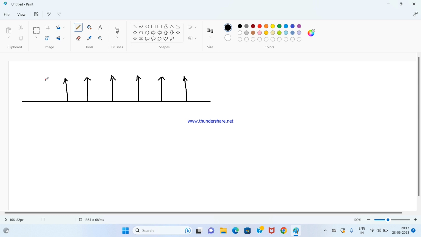Say in the time axis this is 0, this is Ts, this is 2Ts, this is 3Ts, and similarly this is minus Ts, this is minus 2Ts, and so on.